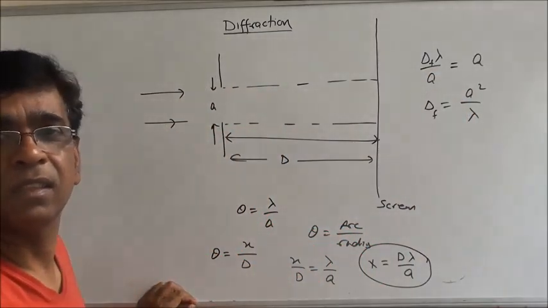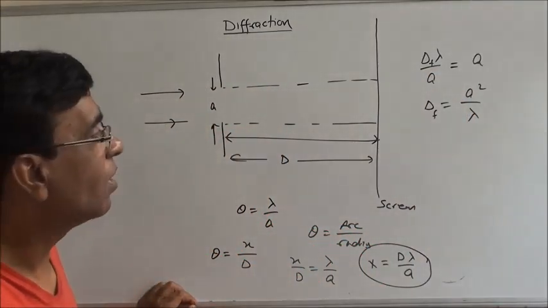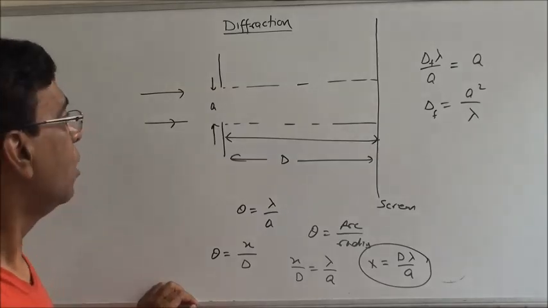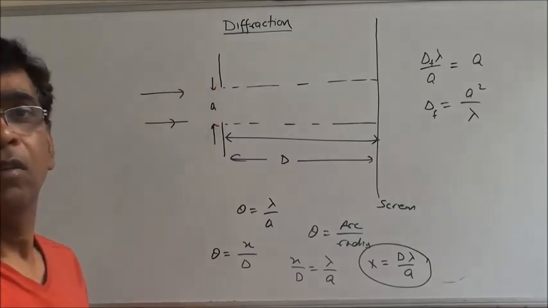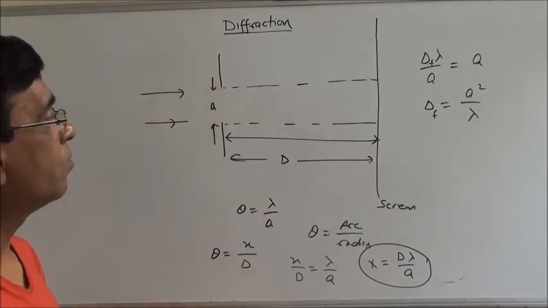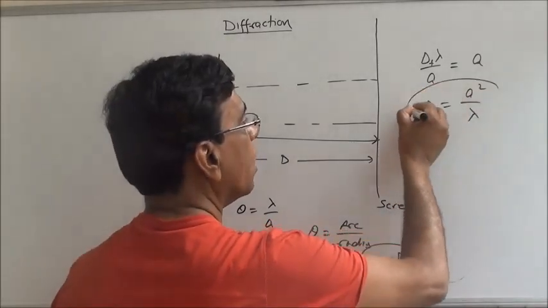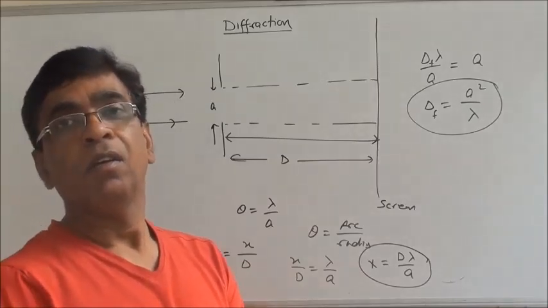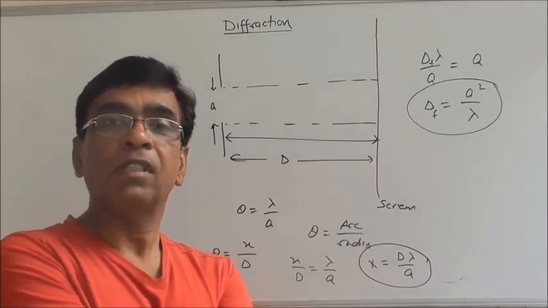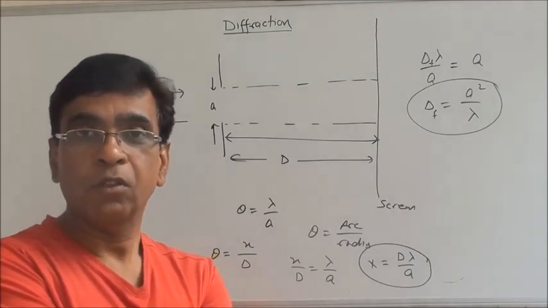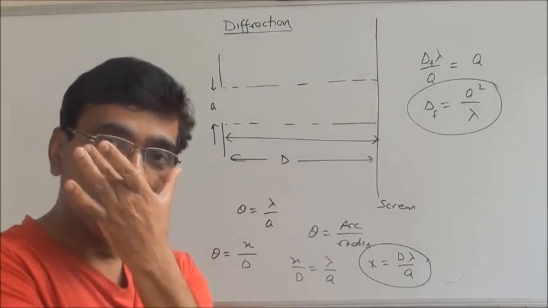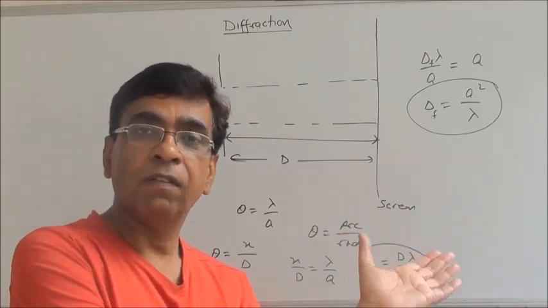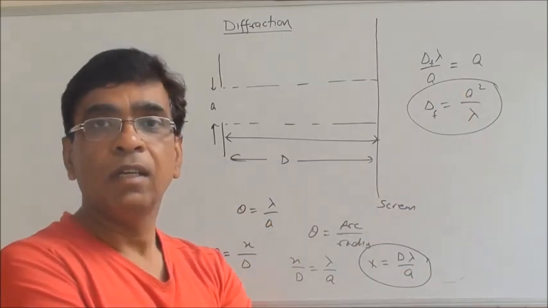So Fresnel distance is that distance up to which the spread of the light beam equals the width of the slit. If the distance is more than this, then that approximation that light travels in a straight line actually breaks. So we can use that approximation of light traveling in a straight line up to a distance which we have defined as Fresnel distance, a square by lambda.